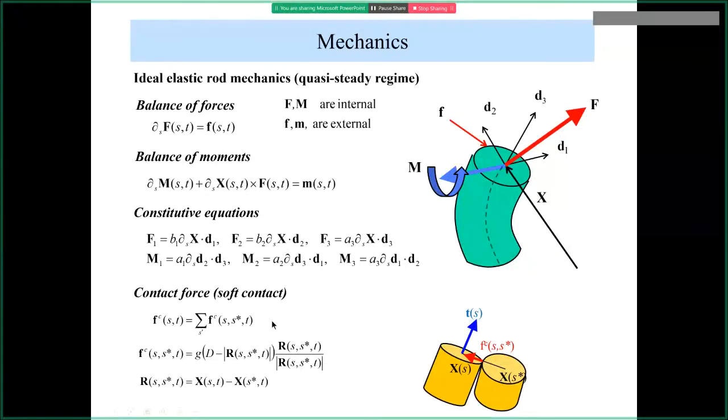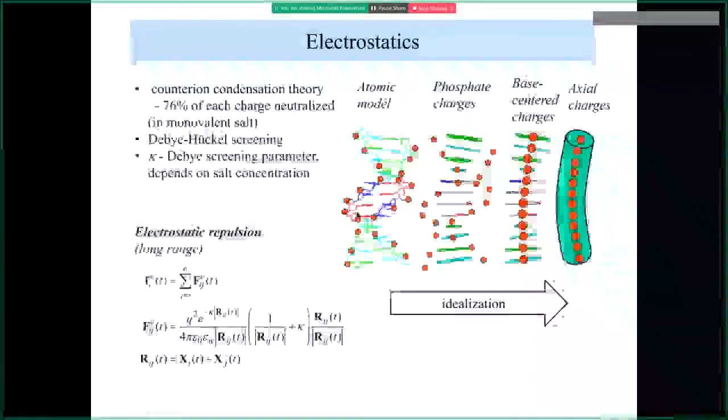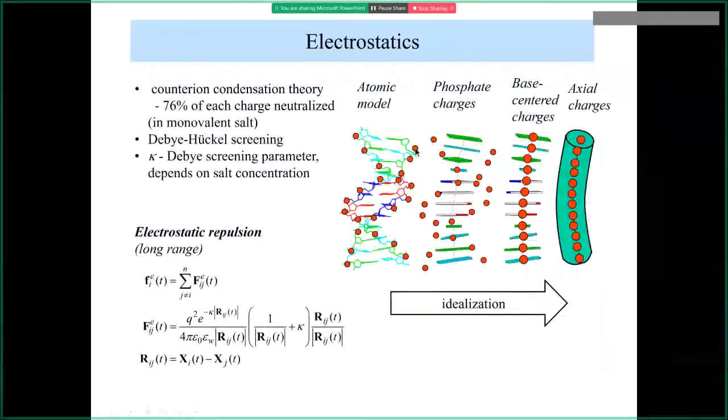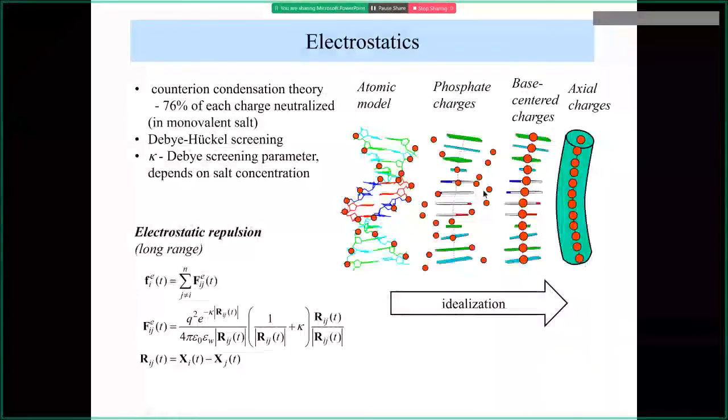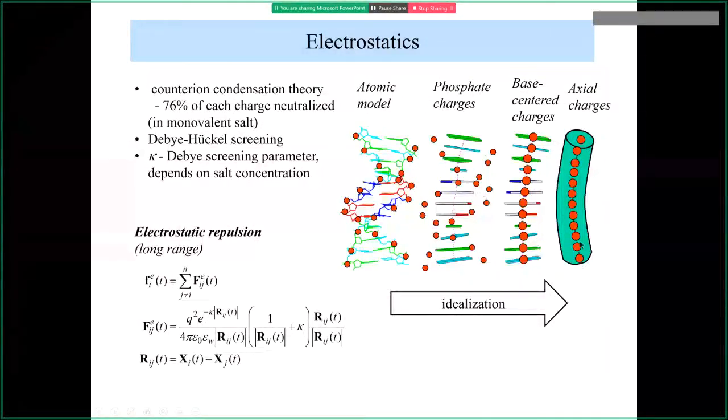Again, we include self-contact because the electrostatic itself will not prevent hard contact of the DNA. And for the electrostatics, we idealize the structure. We move the charges away from the backbone where they're located in phosphate groups. We move them towards the axis and place them on the axis of DNA.